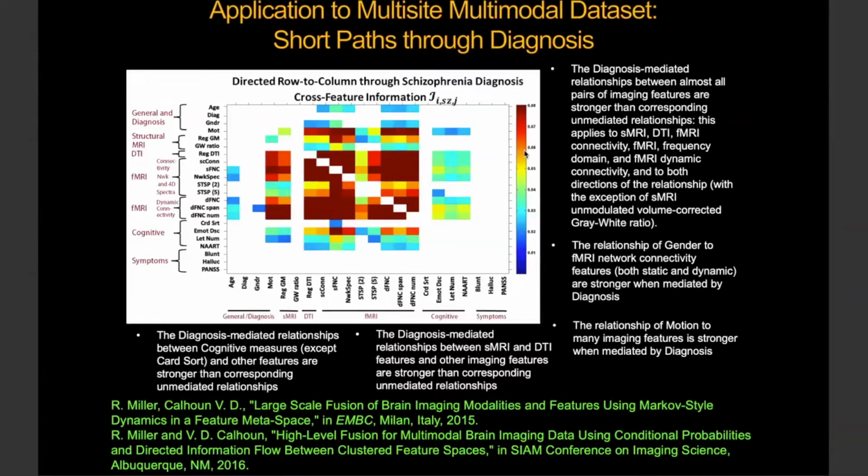Notice the symptoms column's blank here. But we do find some negative correlations with cognition. The image-based features tend to be correlated with one another to a degree, although not perfectly. And so again, it puts everything together within a common framework here.